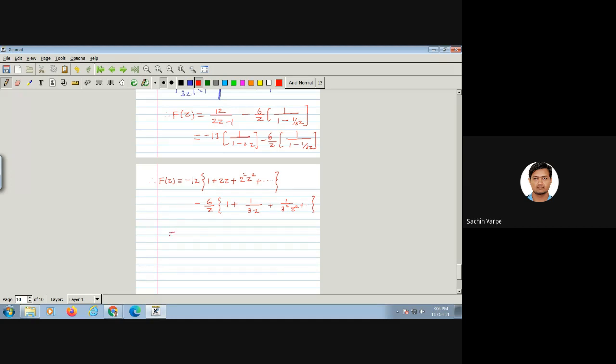So that is equal to -12 times 1 plus 2z plus 2 square z square plus and so on, and by multiplying 1/z inside, what I'll get is -6 times 1/z plus 1/3z square plus 1 by 3 square z cube plus and so on. Am I right?